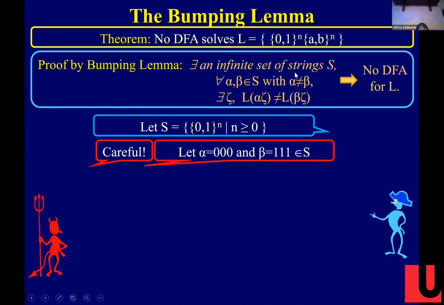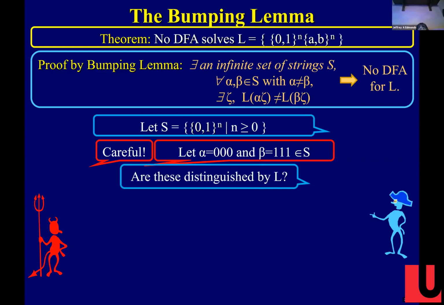If I have 3 A's and B's, for both of these it'll be a yes. If I have a different number of A's and B's than 3, the answer will be no. But the language does not distinguish between these. Does that make sense?